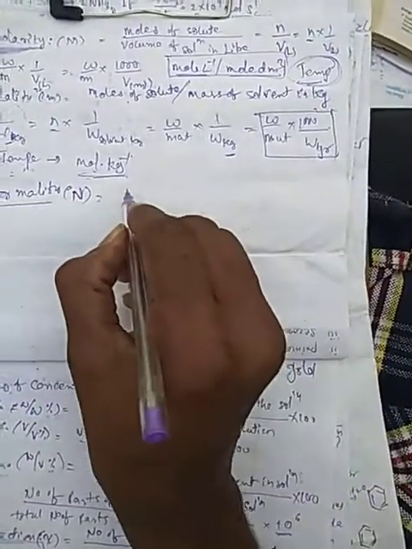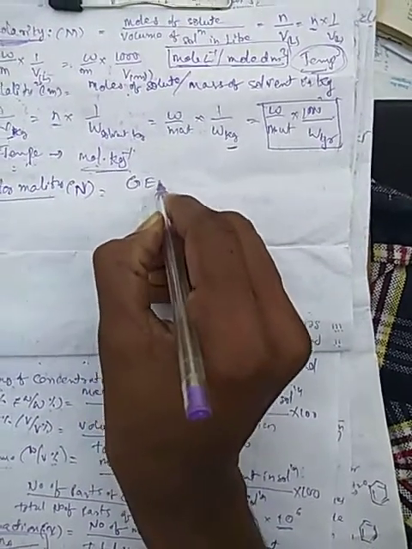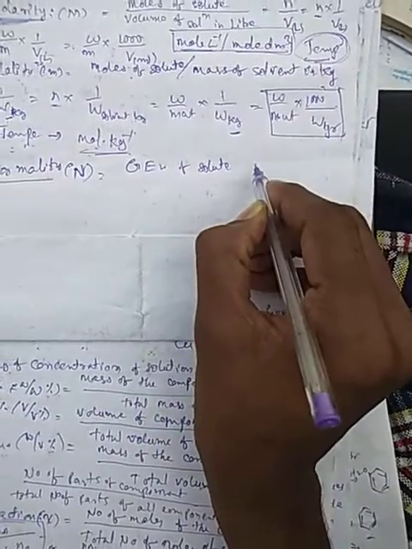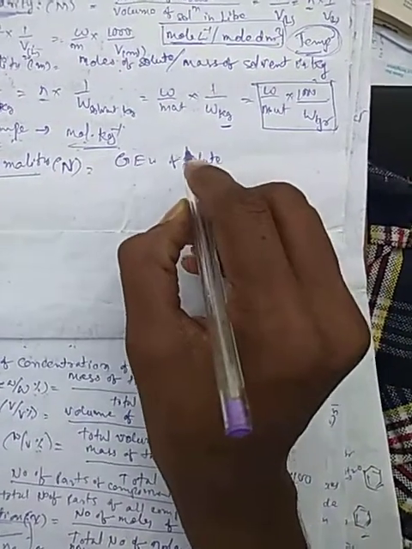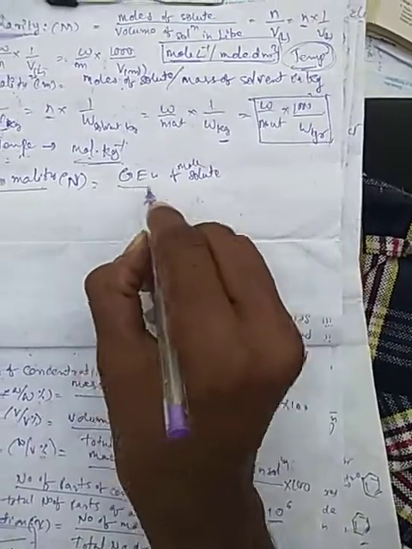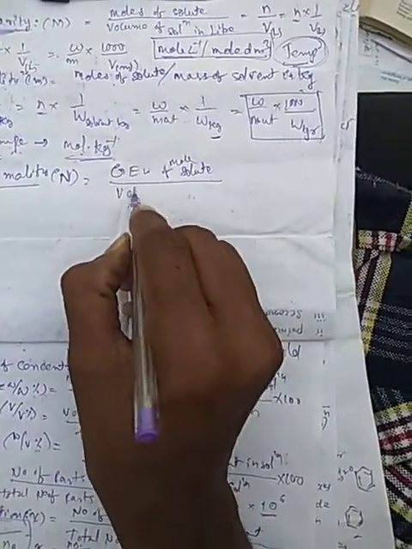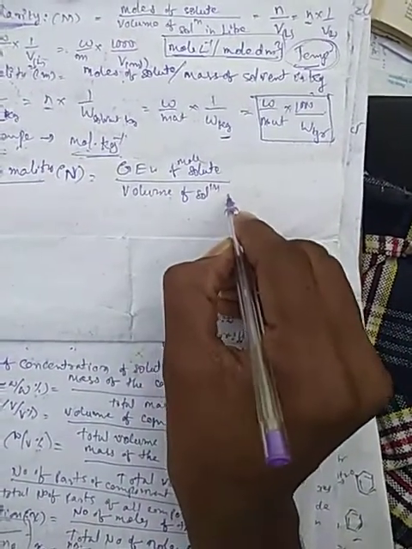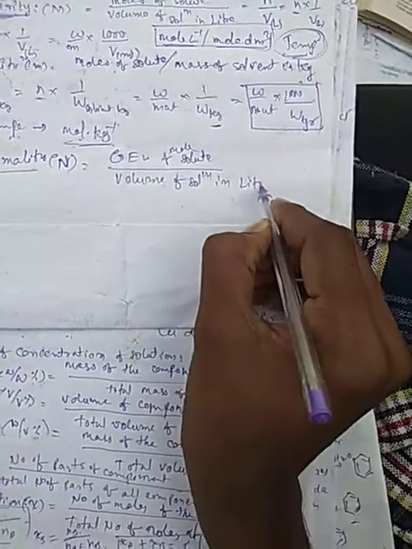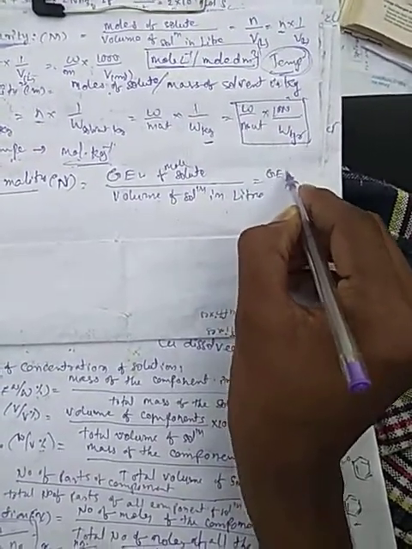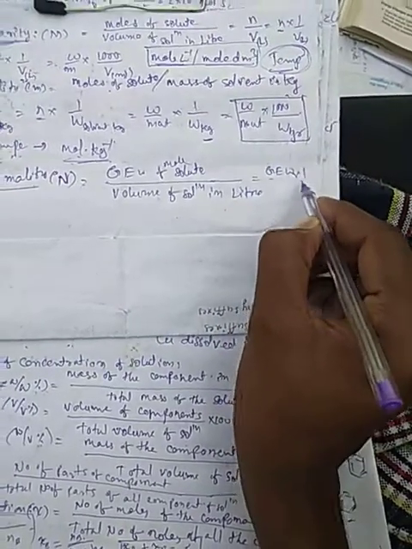Now we can write it as gram equivalents of solute by volume of solution in liters, that is gram equivalent weight into 1 by volume in liters.